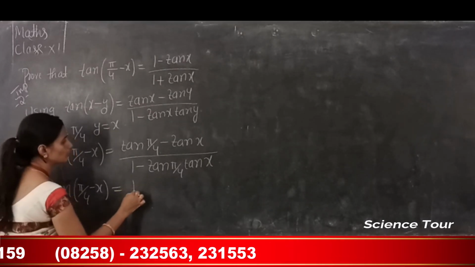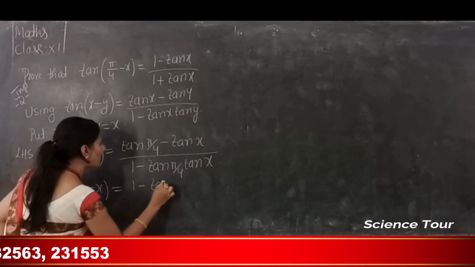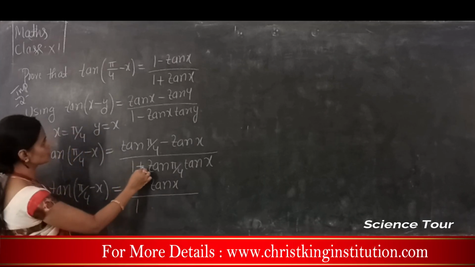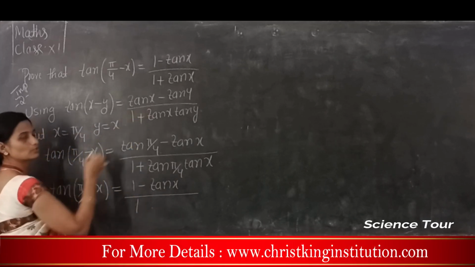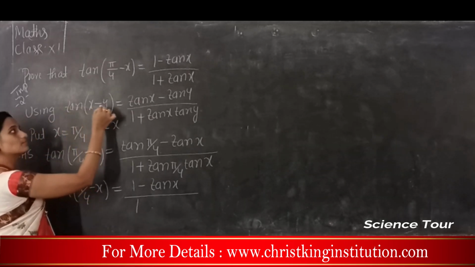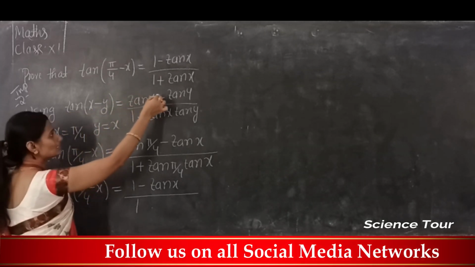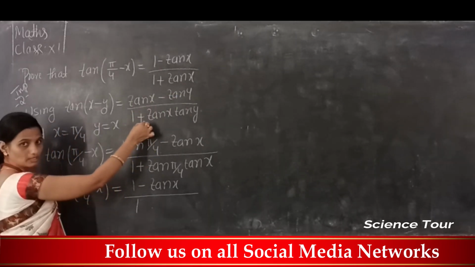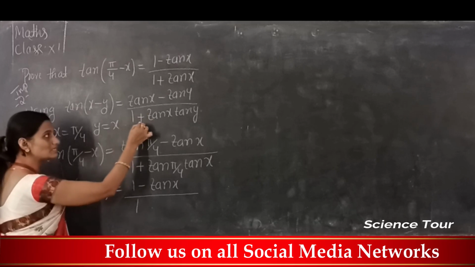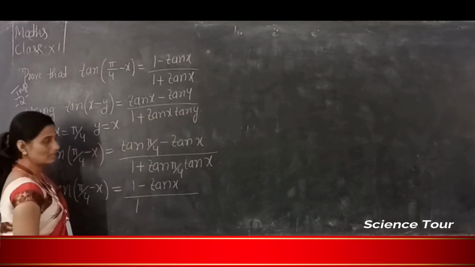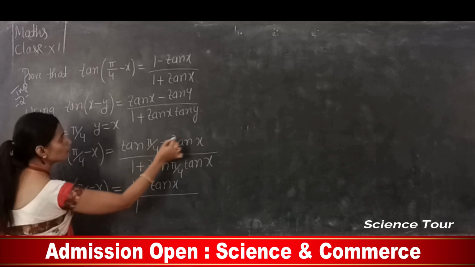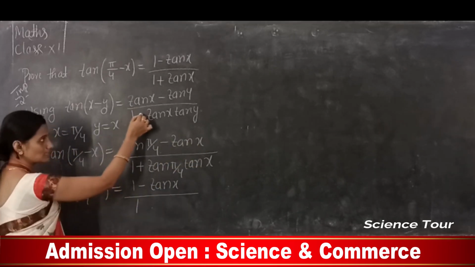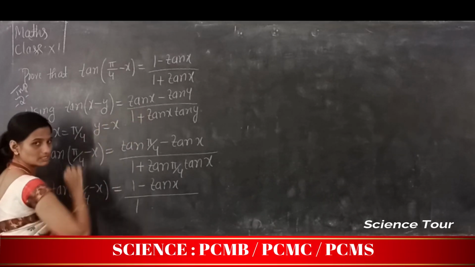Sorry, the formula tan(x minus y) is tan x minus tan y divided by 1 plus, not minus, 1 plus tan x tan y, right? So okay, do the correction. First I wrote minus, now the formula is plus.